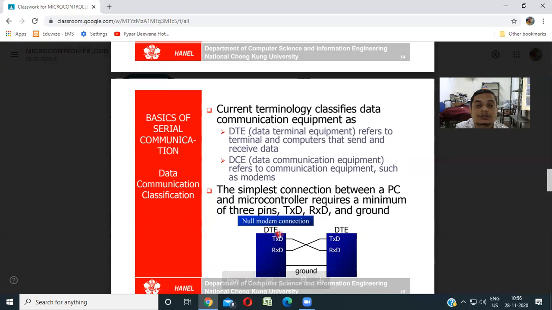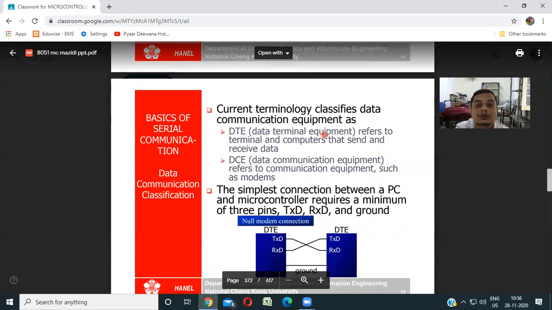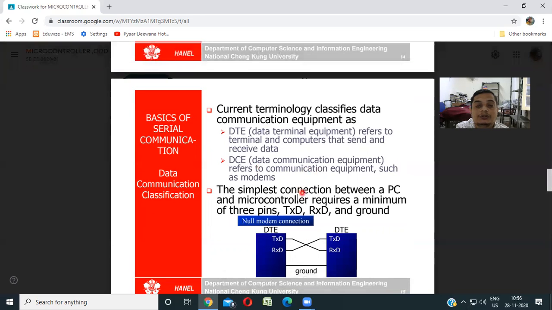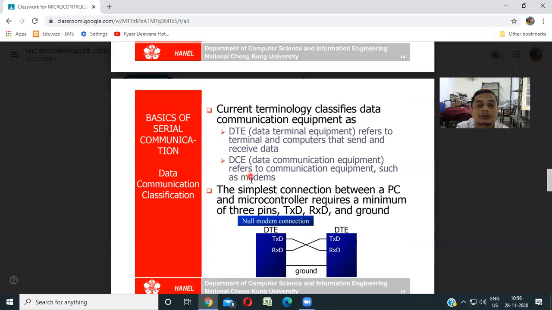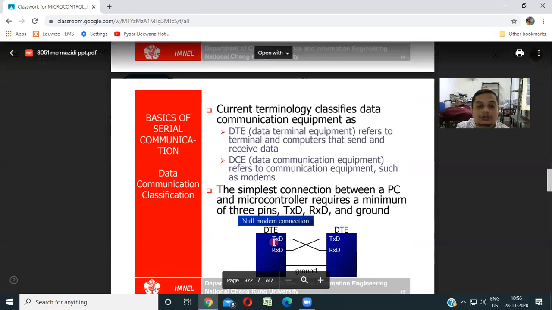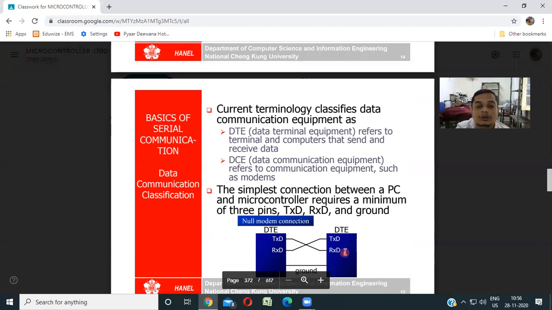This is the data terminal equipment and this is the data communication equipment. An example of data communication equipment is the modem. The DTEs are the 2 computers. Here we have a computer, here we have a computer, and each is indicated by DTE, data terminal equipment.